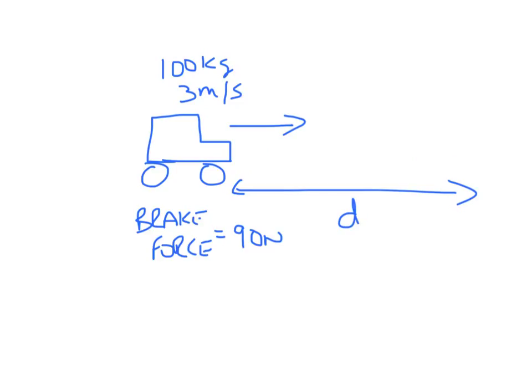Okay, now let's consider a car moving with kinetic energy, and relating work done and energy lost due to friction. So we have a car here, obviously my brilliant car, mass of 100 kilograms, traveling at a speed of 3 meters per second. We have the braking distance here, and a braking force of 90 newtons.